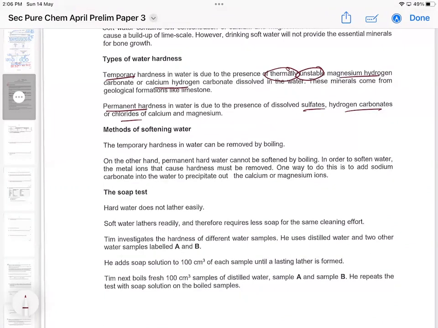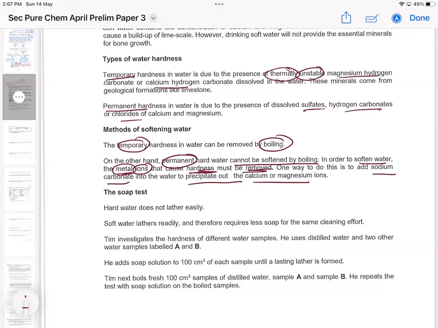So we can see temporary hardness can be removed by boiling. Permanent cannot be removed by boiling. So if you want to soften this permanent hardness, the metal ions that cause this hardness must be removed. So the case here is to add sodium carbonate to precipitate out these ions. So essentially, that's the fundamental difference.